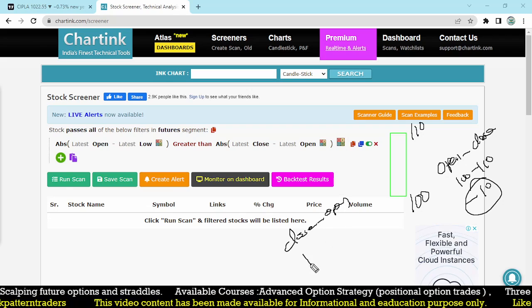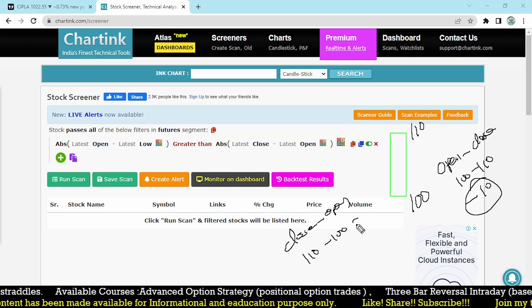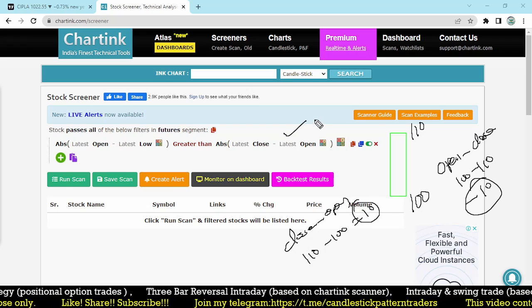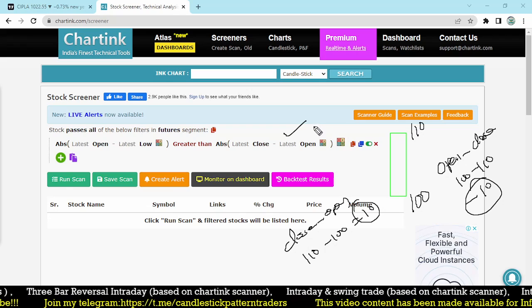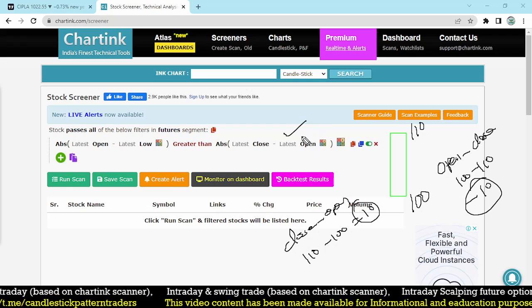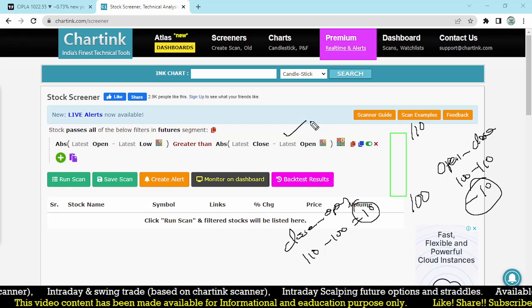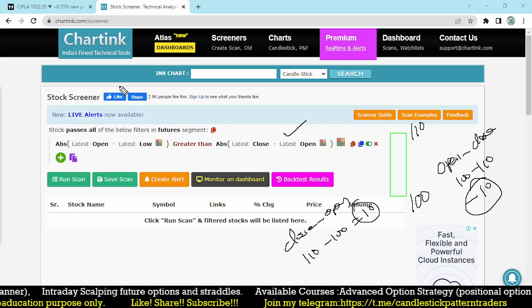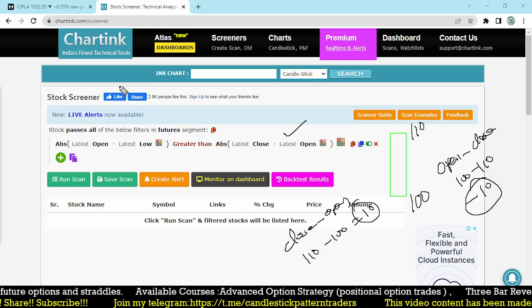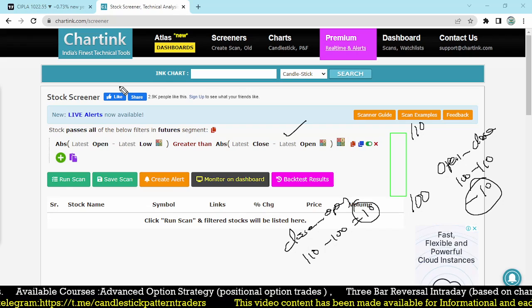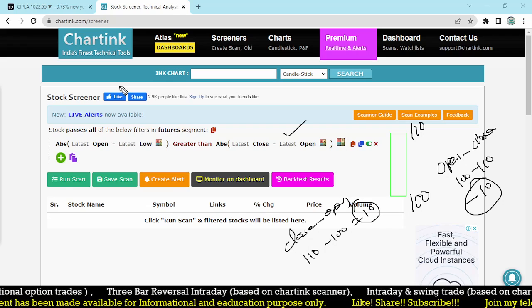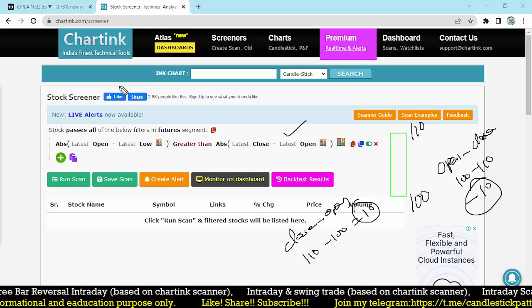That means 110 minus 100, which becomes a positive 10. This is the right way to calculate, whether it is a green candle or a red candle. You should understand that. That is the reason: if it is a red candle I use open minus close, and if it is a green candle I use close minus open. I hope you understand that point.